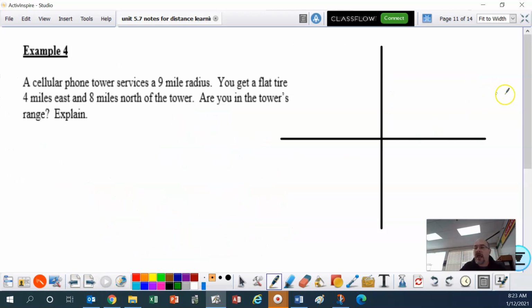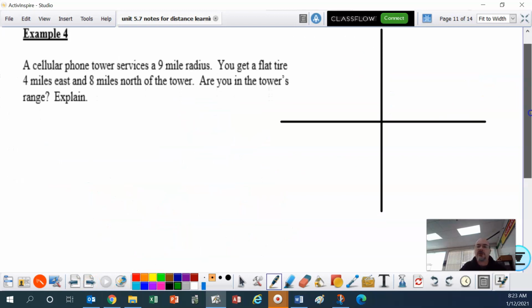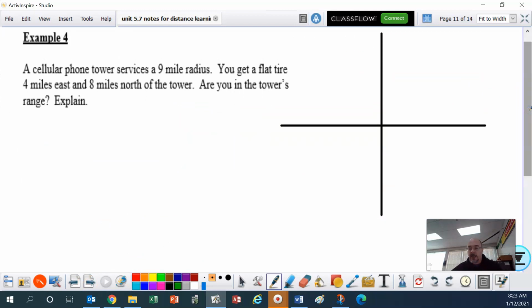Here's a real world application problem, and I'm going to do my best to draw this freehand. It works a lot better when we have graph paper. We have a cellular phone tower service that services a 9-mile radius. Let's say that right here in the center is where our cell phone tower is, and it services a 9-mile radius.